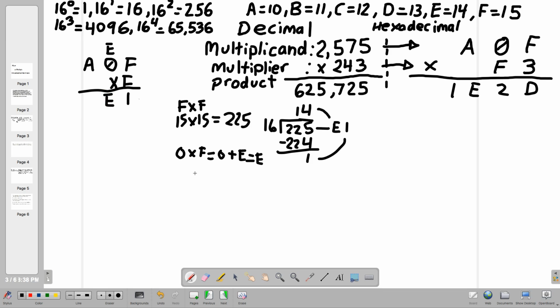And then the final computation, we have A times F, which is 10 in decimal, times 15. That comes out to be a value of 150. We want to convert the decimal value 150 into hexadecimal. So we divide it by 16.